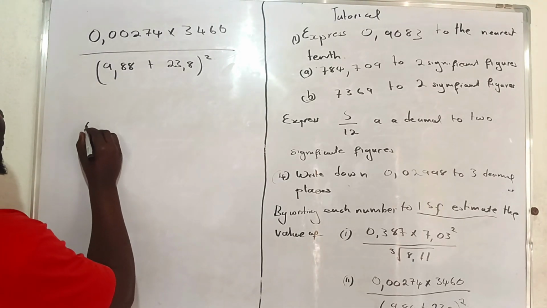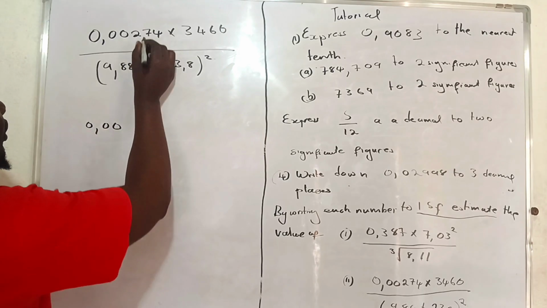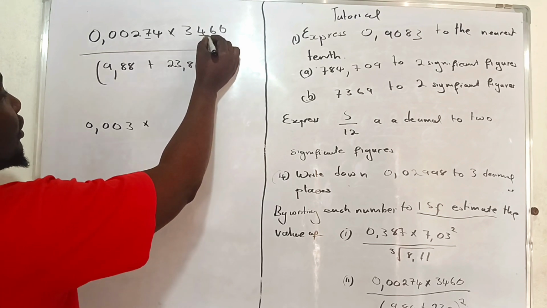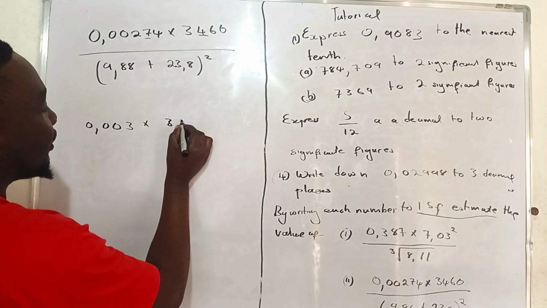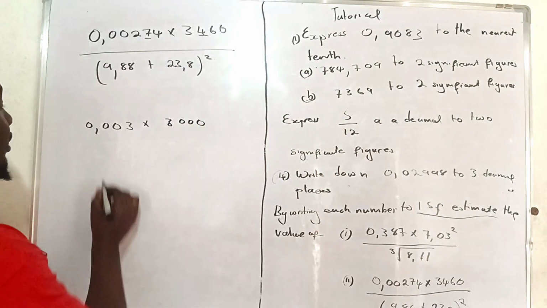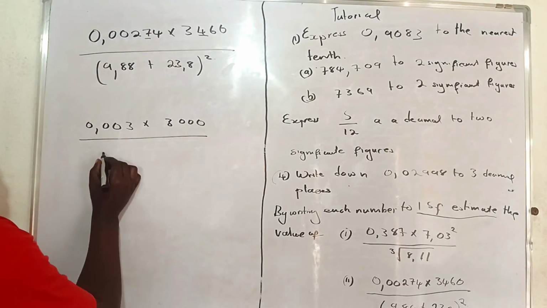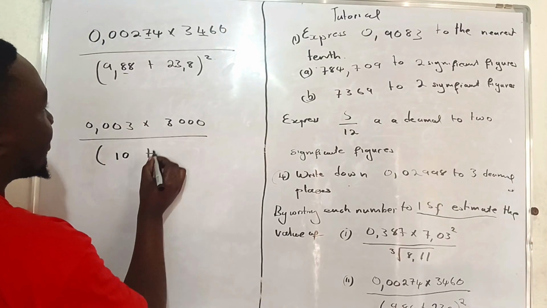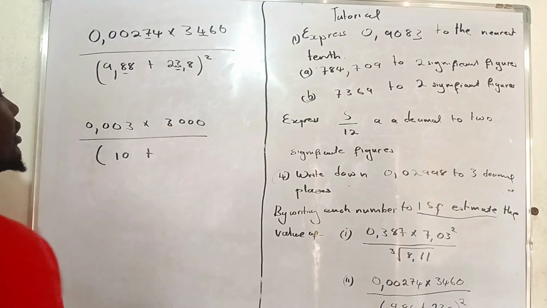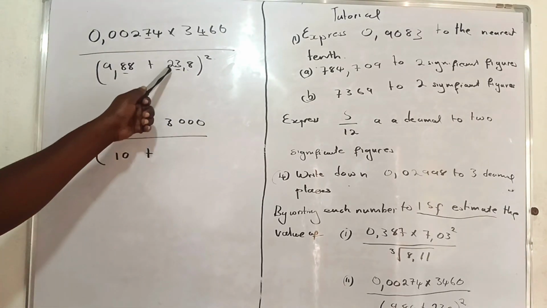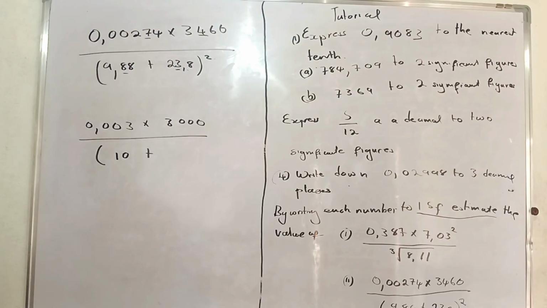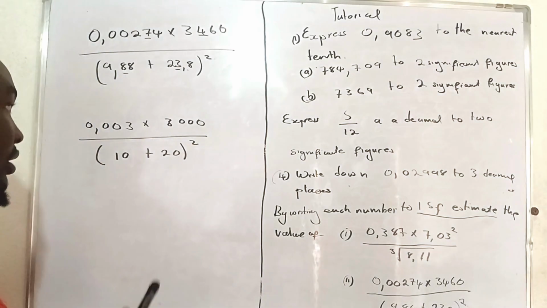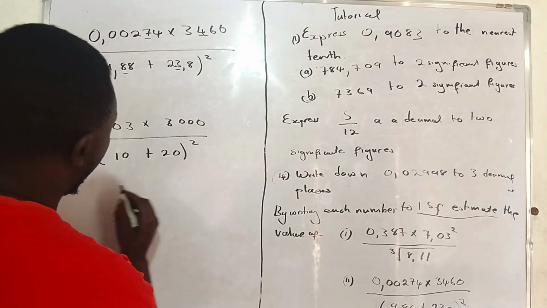So here you have 0.003 multiplied by 3,000. All of this divided by, here it's greater than 5, so I'm going to have 10 plus this one less than 5, so you're going to have 20. Here, 20 squared.